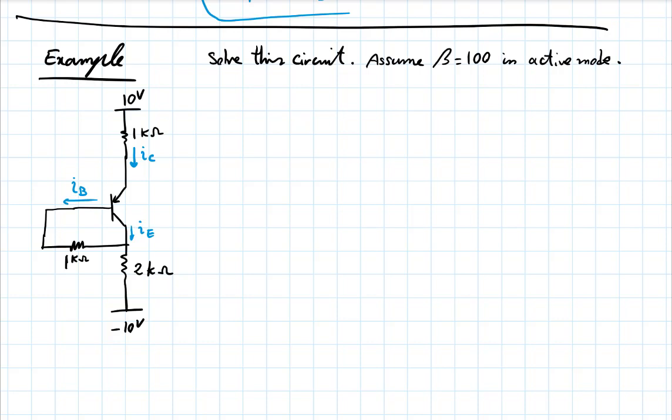As a first approximation, what happens if I neglect IB? Then I conclude that the voltage between the base and collector, VBC, is approximately 0, right?